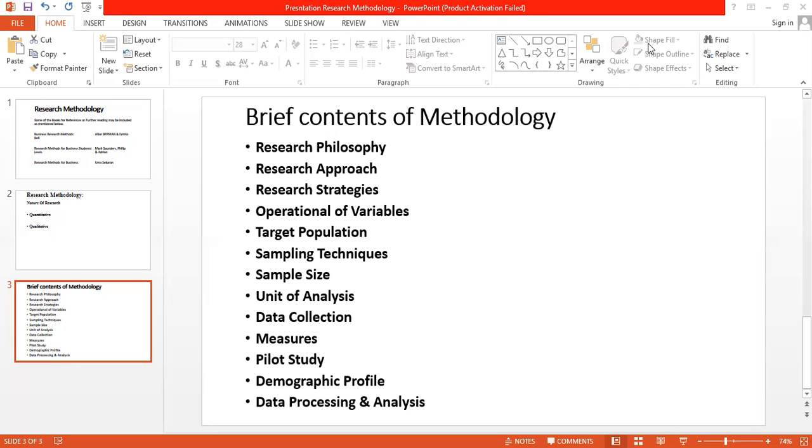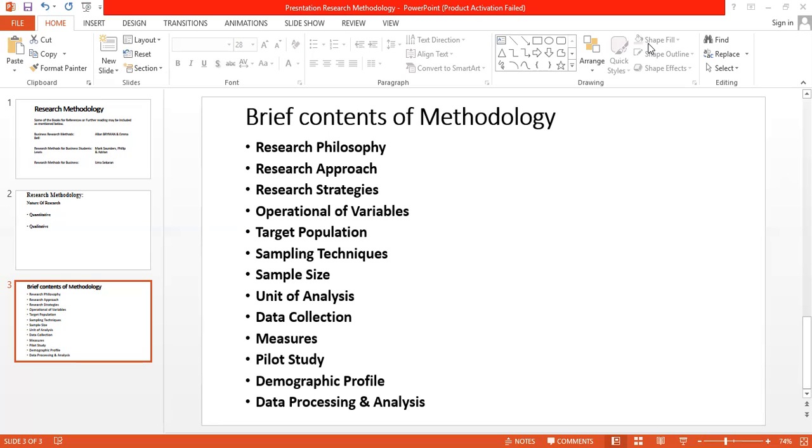Then how will we know which employees of Punjab, and which department or which city the employees belong to? You will discuss in detail. For example, if you have chosen managerial staff of private banks as a sample, you will discuss managerial staff of private banks in Lahore or in Punjab, or public banks or private banks.